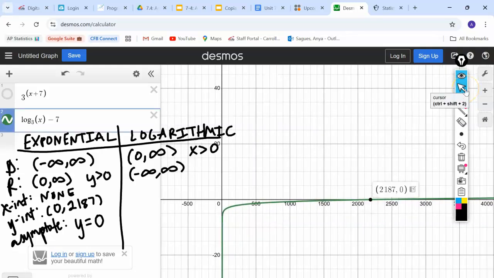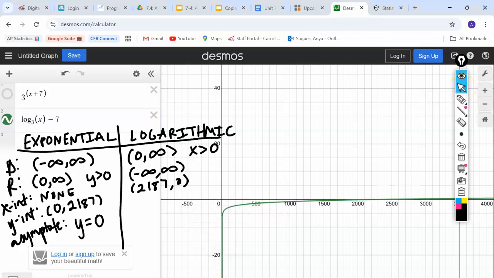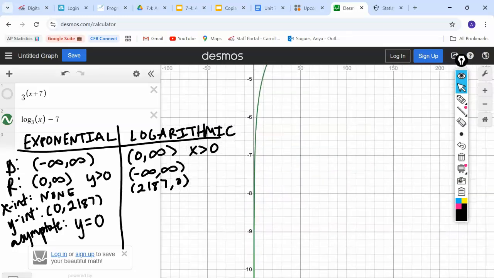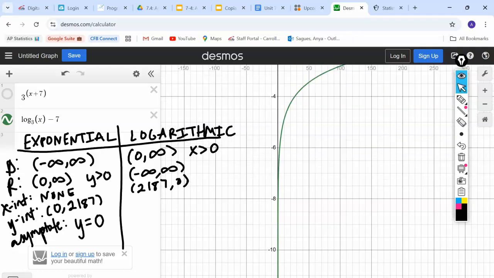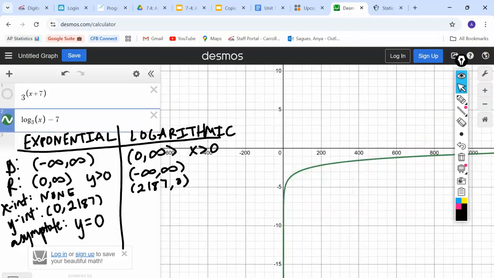X-intercept, we've got one. It is (2187, 0). Now, as for the y-intercept, it does not touch or cross the y-axis. See, the closer I zoom in, it never touches. So it's a none for the y-intercept.